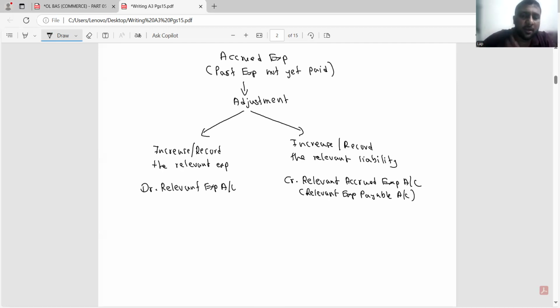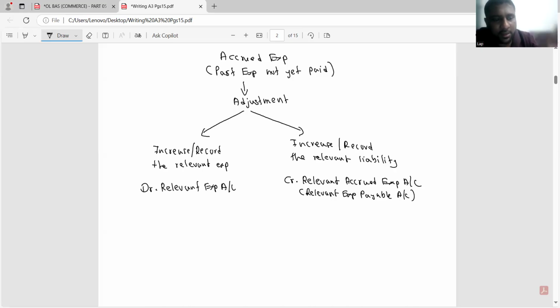So with that, we got the complete idea about the accrued expenses. Accrued expenses means past expenses not yet paid, so we have to pay them. How to do the adjustment in your accounts?